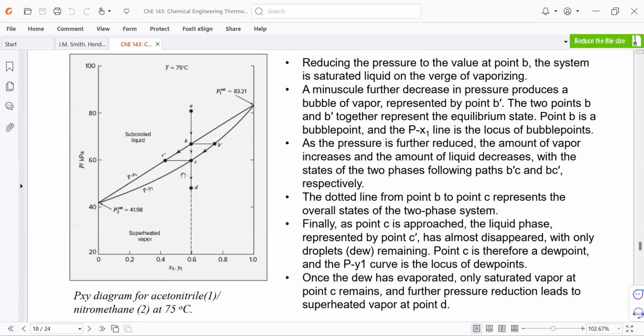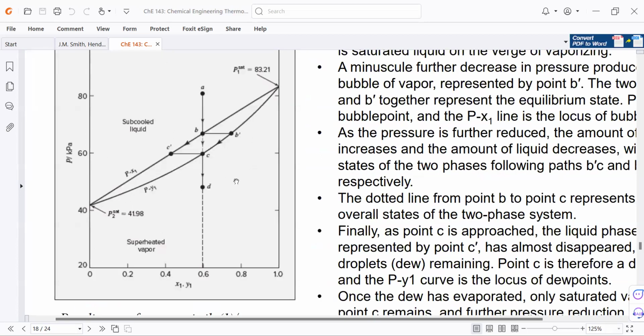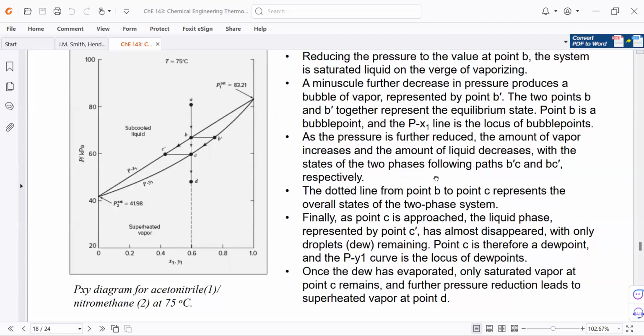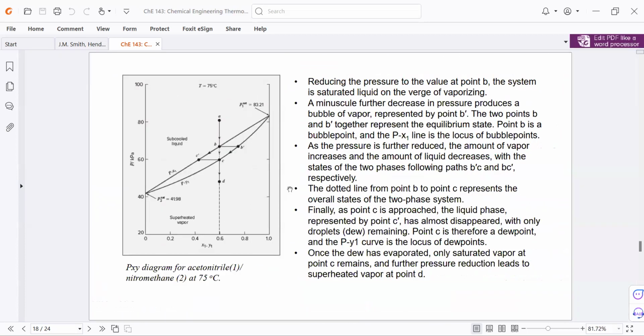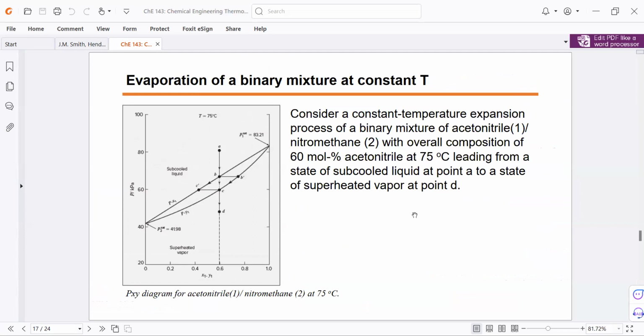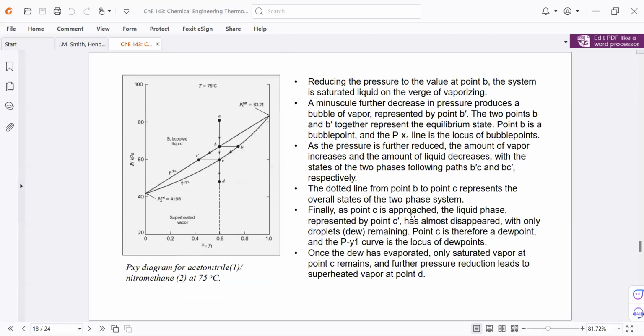Okay, so therefore point C is called a dew point, and this curve PY is called the locus of dew points. So once the dew has evaporated, only saturated vapor at point C remains, and further reducing the pressure would lead us to superheated vapor at point D. Okay, so that's how we trace the evaporation of a binary mixture at constant temperature.